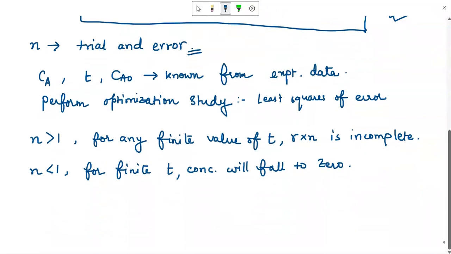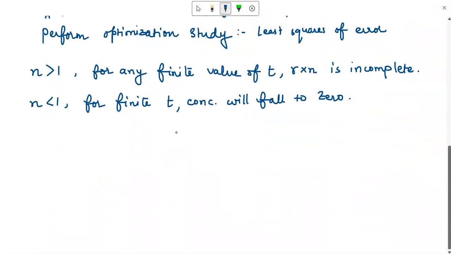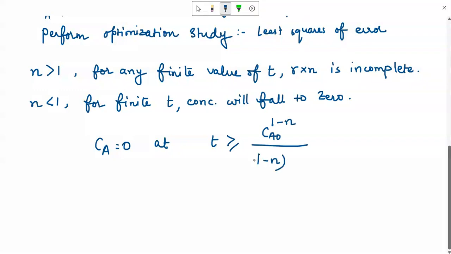So with that knowledge, we can also find at what time the concentration of A will be exactly 0. So CA becomes equal to 0 at the value of t greater than or equal to CA0 to the power 1 minus n divided by 1 minus n into k.